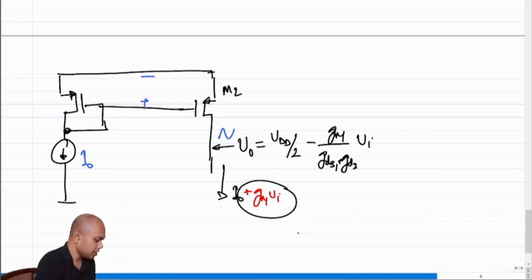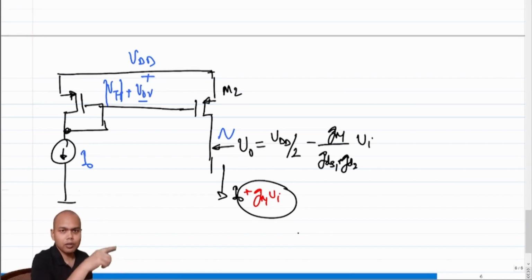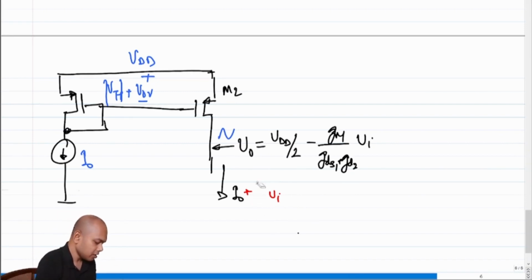So the VSG of this transistor is fixed. What is the VSG of the transistor? It is the mod of the threshold voltage plus overdrive, and overdrive is square root of 2 I naught by mu C ox W over L, and so on. So for all practical purposes I can say that I naught is constant.